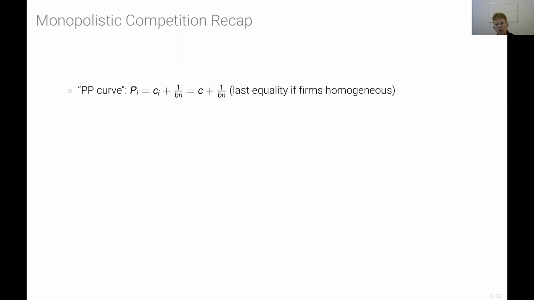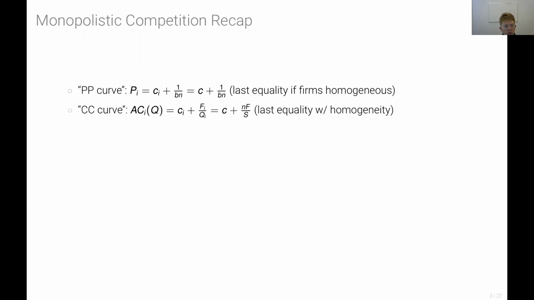So let's just recap the results from last time. We derived the PP curve by setting marginal revenue equal to marginal cost for my monopolistic competitor. Recall that implied that the price a monopolistic competitor charges is equal to the marginal cost plus 1 over Bn, where n is the number of firms in our market.